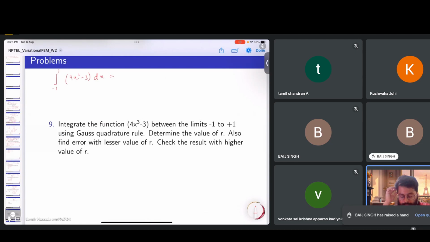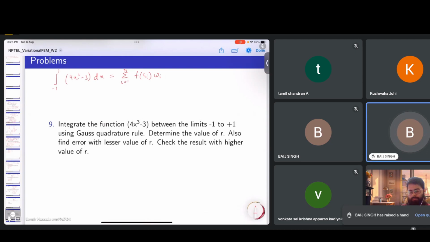I mean, how many Gauss points do we need? Anyone? How many Gauss points should we use to get an accurate solution?